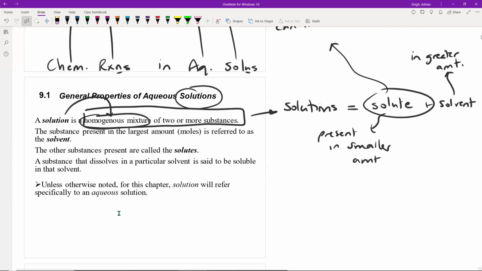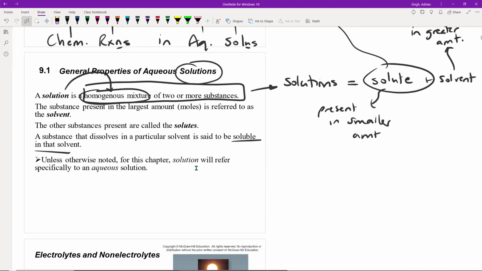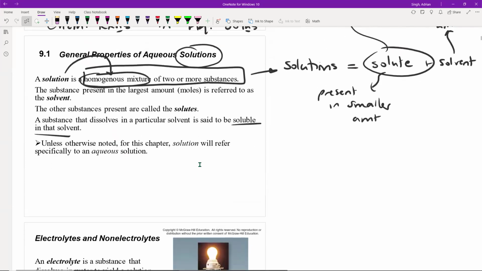Something that dissolves in a particular solvent is said to be soluble in that solvent. We'll take a look at one example here in a second. When we talk about solutions in our class, by default, what we're going to be referring to are aqueous solutions.